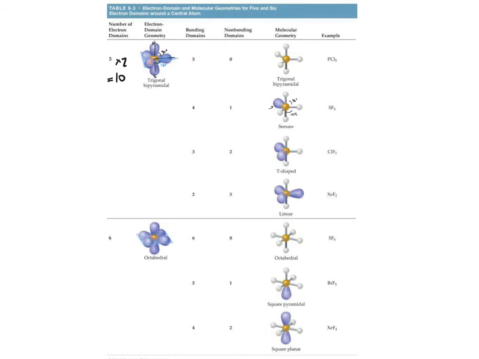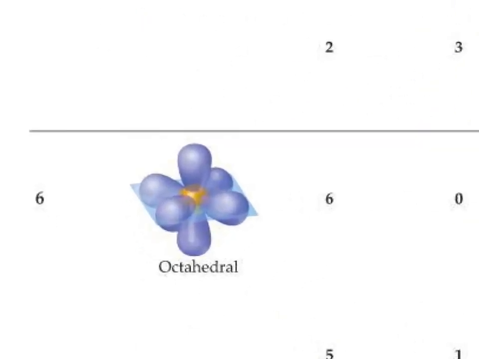Finally, we'll go to 6 domains. If you've got 6 domains, let's zoom in on this picture and get a closer look. You've got 1 up, 1 down, and then 4 making a nice square along the equator. If we're going to use the terms polar and equatorial again, well, you've got 2 polar, north and south, and you've got 4 along the center plane, the equatorial plane.